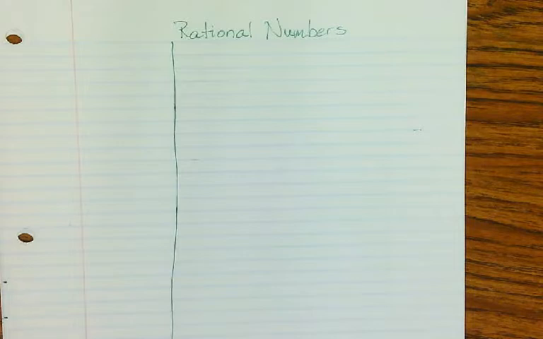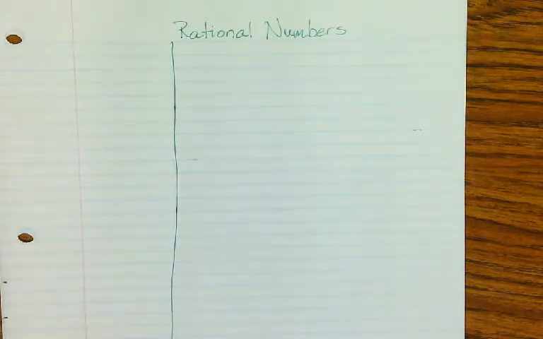Do we have irrational numbers? Yes. Do we deal with them in 6th grade? No. All you need to know is that an irrational number would be a decimal that goes on forever and ever, like pi. Okay? That's all you need to know when it comes to irrational numbers. We're not going to deal with irrational numbers in 6th grade, so don't worry about it.